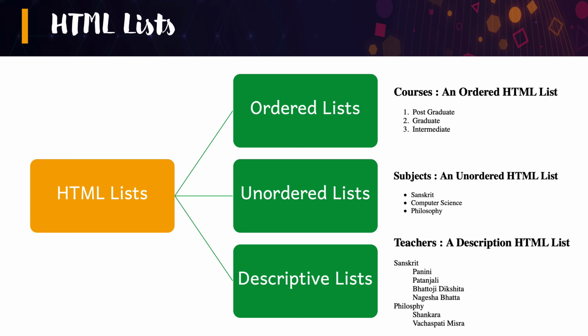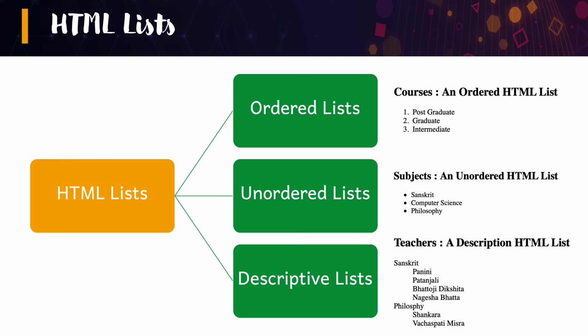You can see an example. There is an example that gives a list of teachers against each subject in a college. This is a who's who on the subjects, of course, but this is a hypothetical list. It says for the Sanskrit subject, Panini, Patanjali, Bhattoji Dikshita, and Nagesha Bhatta will offer teaching.